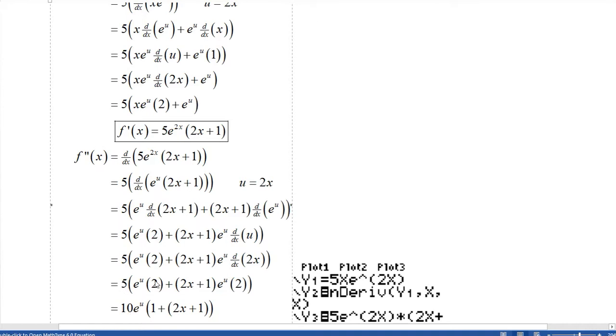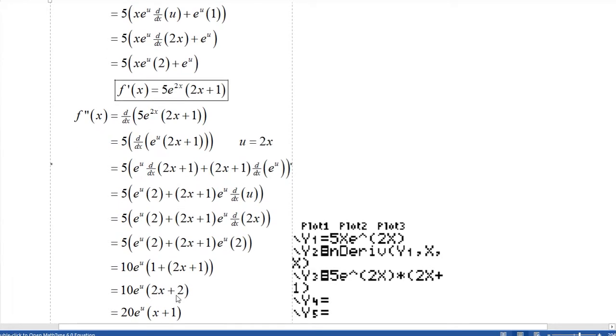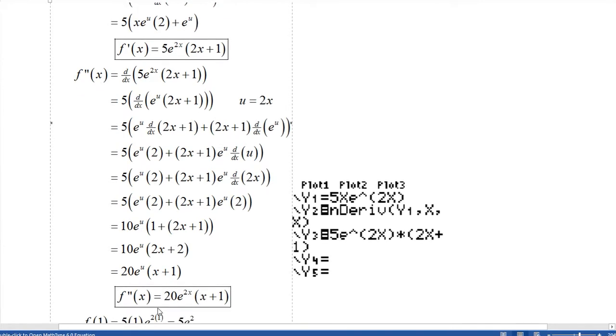Now, what's left? This divided by 2 e to the u is 1, and when this cancels out, we get 2x plus 1. Well, 2x plus 1 plus 1 more is 2x plus 2. So I can factor out another 2, making this 20 e to the u times x plus 1. And u is 2x, so this is 20 e to the 2x times x plus 1.